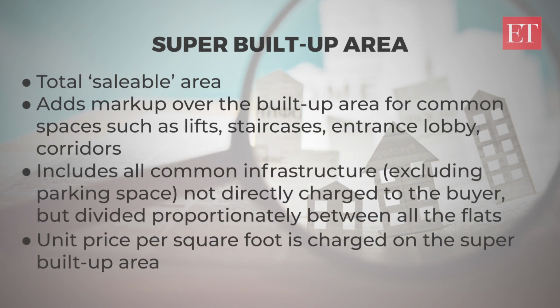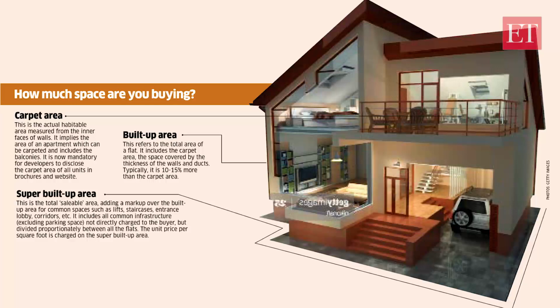It includes the non-livable area of the property, which includes the common facilities like the staircase, the lobby, the elevator. This is not directly charged to the buyer, but it is divided proportionately between all the flats. So the unit price of the flat is charged on the super built-up area and not the carpet area.